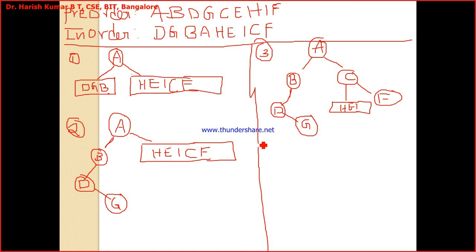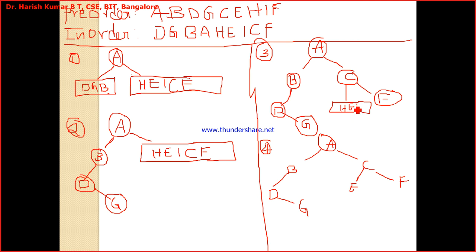Among this H, E, I, which is the root node? E is the root node. Okay. A, B, C, F, and next E here, and then this is B. We have D here, and then G here.